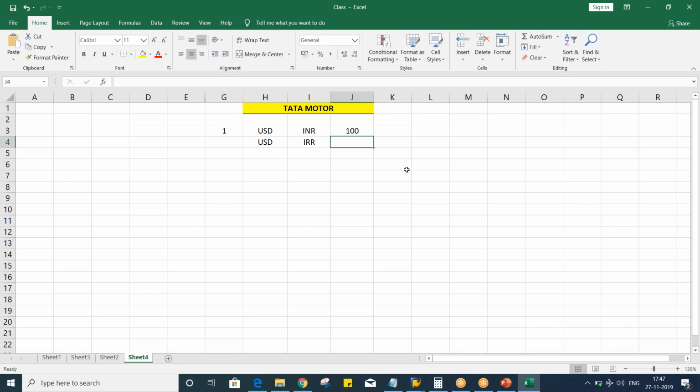This is not the original figure, but say for example, 1 USD equals how much Iranian currency? If you have a look on Google, it will show around 41,000 or might be 42,000. Let's suppose I'll take the amount in round figure itself and keep 40,000.